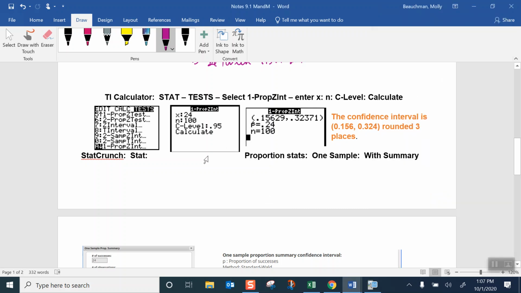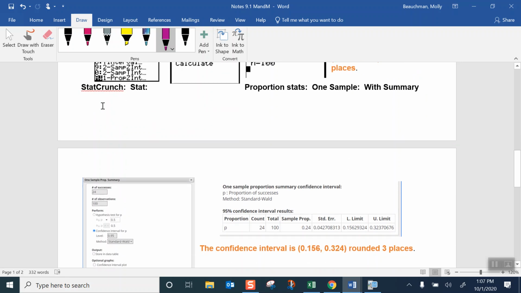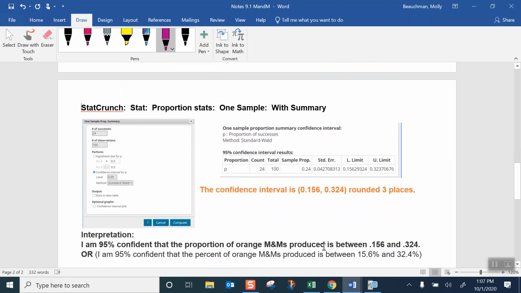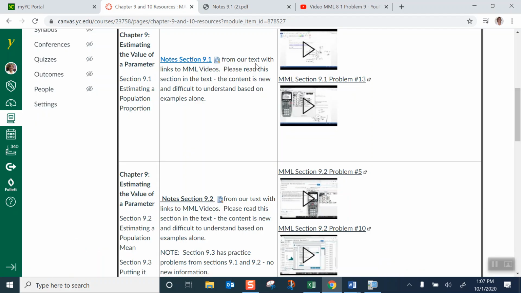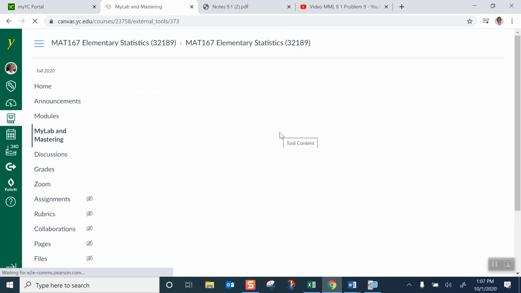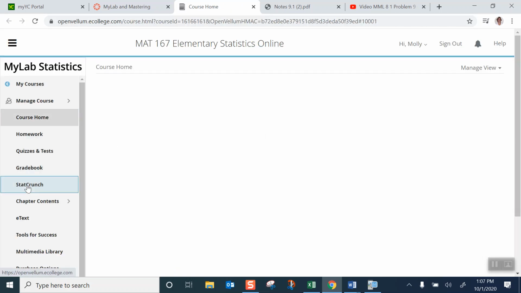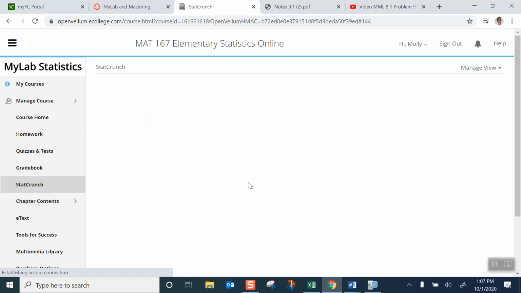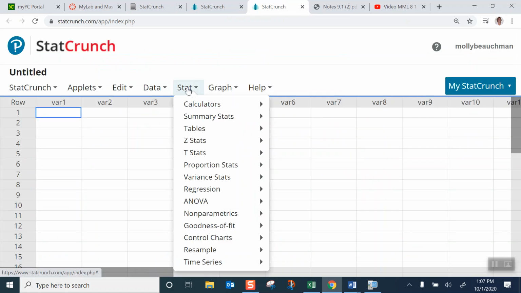All right, so if we're going to do StatCrunch instead, I'm going to get to StatCrunch. We go to our class, hit MyLab and Mastering, open, select StatCrunch, go to the StatCrunch website, and this is stat.